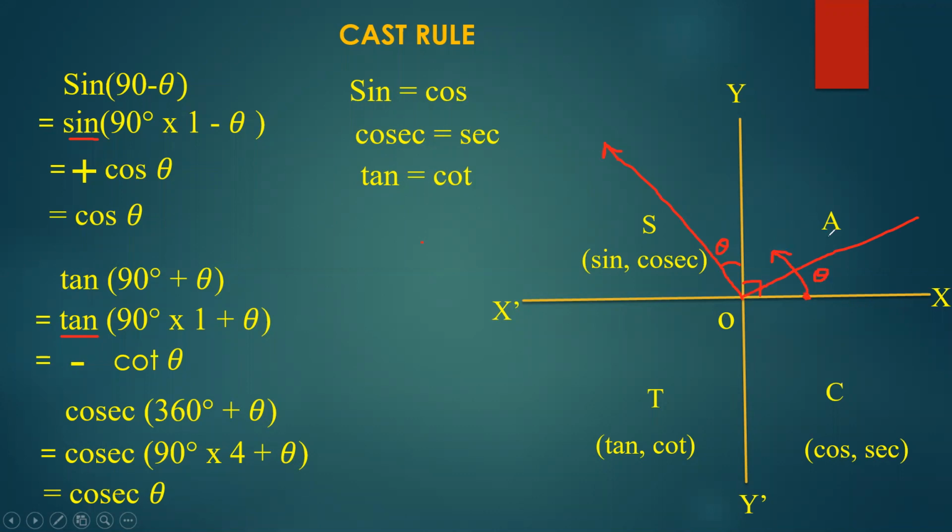So this cosec will lie in the first quadrant, and in the first quadrant all the ratios will be positive. So what will be the result? It will be just cosec theta. So in this way we can find a lot of values, right? Trigonometric ratios of different angles we can find by using the CAST rule. Okay, I hope it's clear to you.